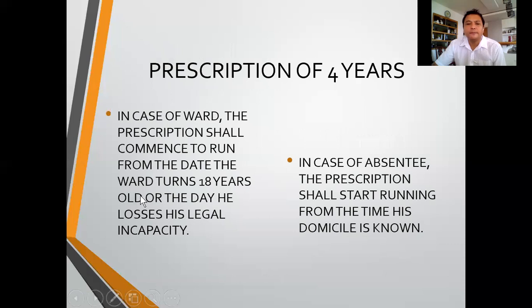So he can file a claim of recession when he turns 18 years old. Since he is 14 years old now, he has 4 years plus another 4 years until prescription sets in, because prescription will start running when he turns 18. So upon reaching 18 years plus 4 years, 22. When he reaches 22, the prescription will set in.